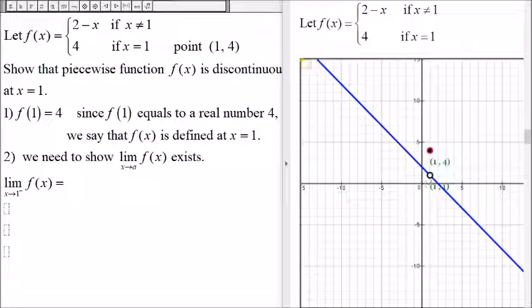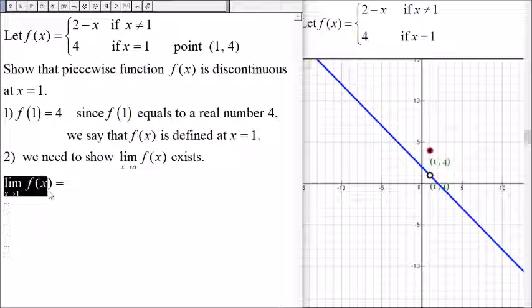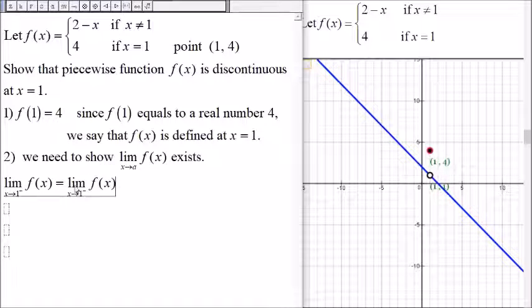Since we're to the left of 1, x is not equal to 1, so we use the piece 2 minus x. So f of x will be the piece 2 minus x. And as x approaches 1 from the left, then 2 minus x will approach 1, because 2 minus 1 is 1.